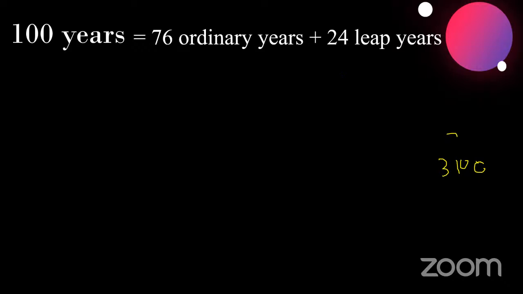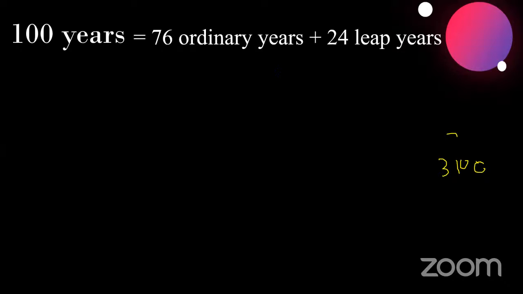That 0.25 days, which will be there in the ordinary year, we will calculate as one whole day, and that will be added to the leap year. Yes or no? So for century years, for every 100 years you will be taking that 0.25 days, and we will calculate it with the 400.